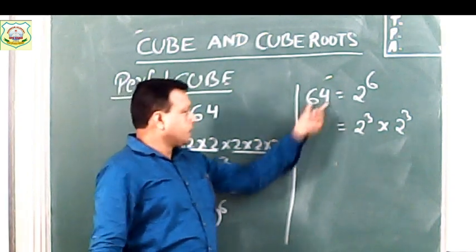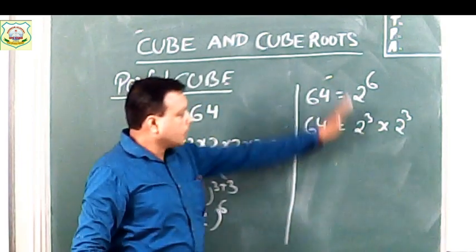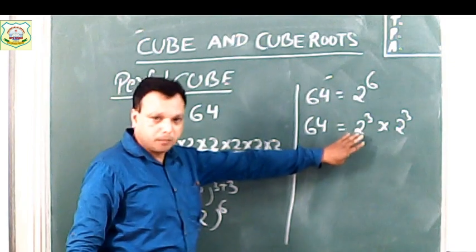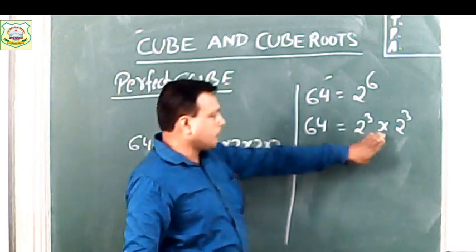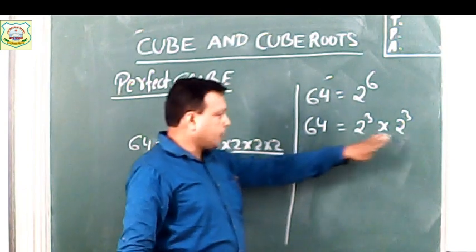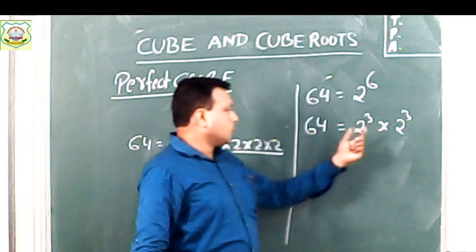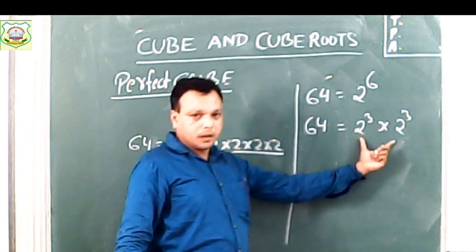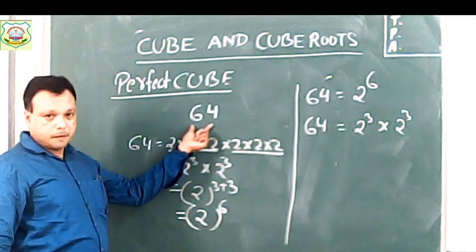By prime factorization, we got 2 multiplied 6 times. We paired it in groups of 3: 2 power 3 into 2 power 3. So this is a perfect cube.